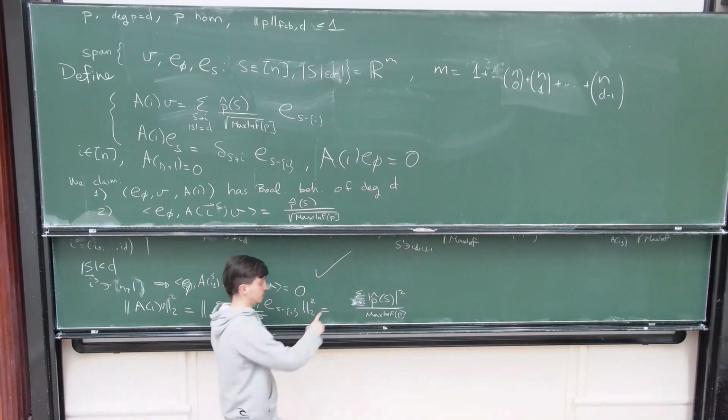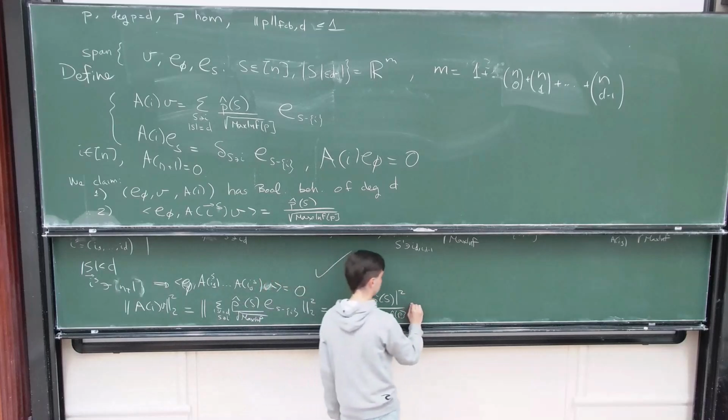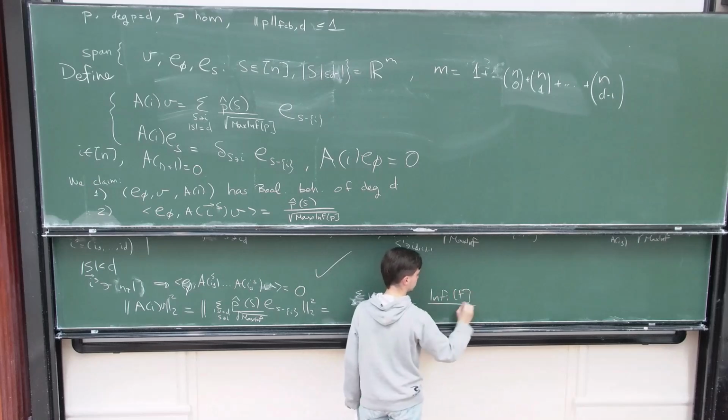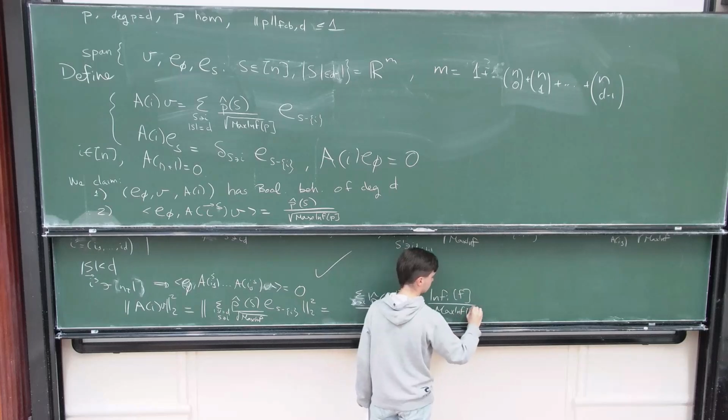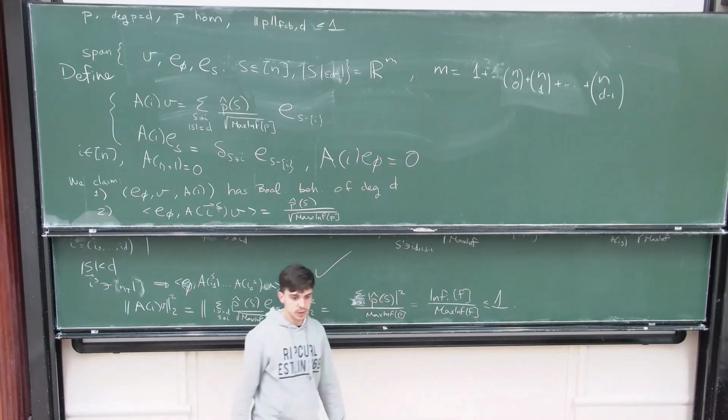Okay, and this is just the influence of the ith variable, right? And this by definition is at most 1.